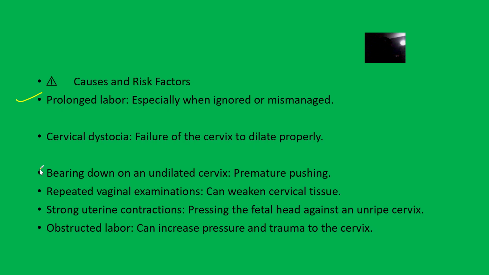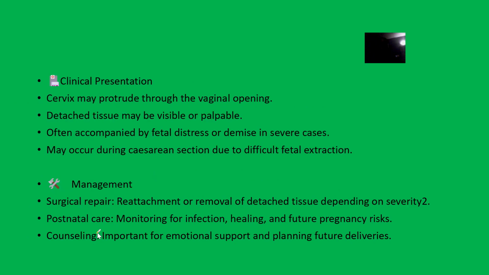Then bearing down on an undilated cervix, that's premature pushing. Repeated vaginal examinations can weaken cervical tissues, but that shouldn't actually be the main issue there. Strong uterine contractions, obstructed labor.